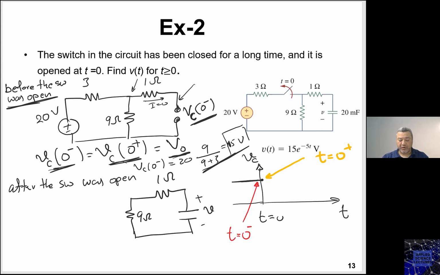So VC0 minus, which is the VC0 plus, which is the V naught here, is 15 volts. So I can come here, 15 volts, right? Now, what's going to happen to this 15 volts once I open the switch?